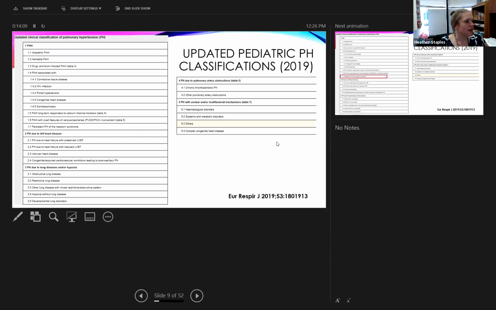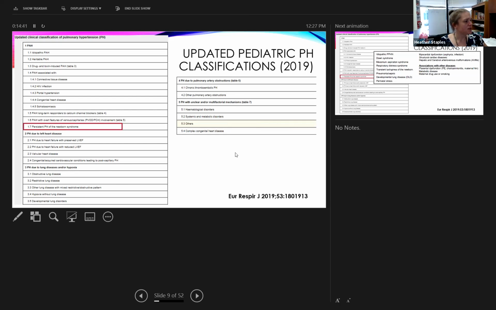This is how pediatric pulmonary hypertension is currently classified, and you may see in some of my notes that I will give specific numbers of what their World Health Organization classification is and their Panama classification, and that's what this comes from. So there's pulmonary arterial hypertension, which is mostly idiopathic, maybe really related to genetics. There's pulmonary hypertension related to left heart disease, lung disease, and pulmonary artery obstruction.